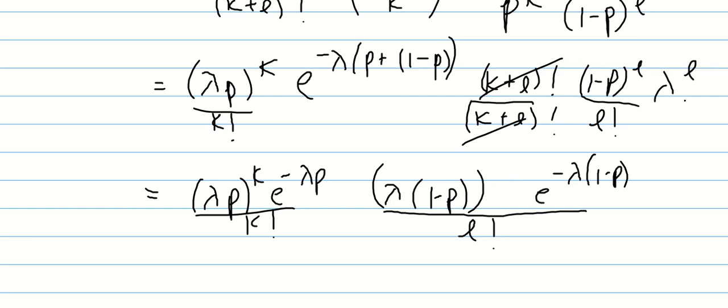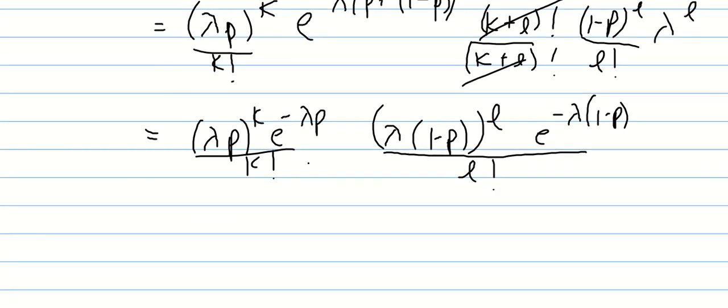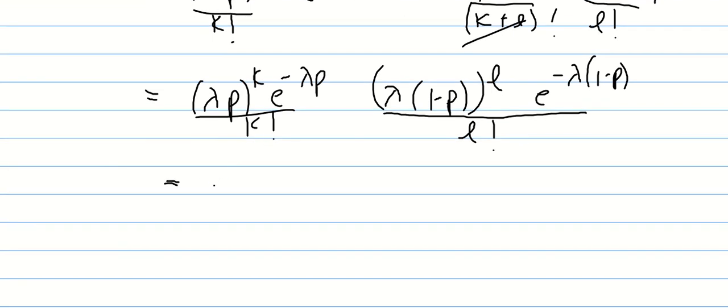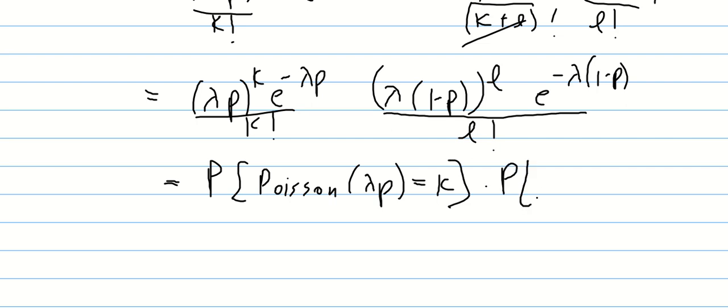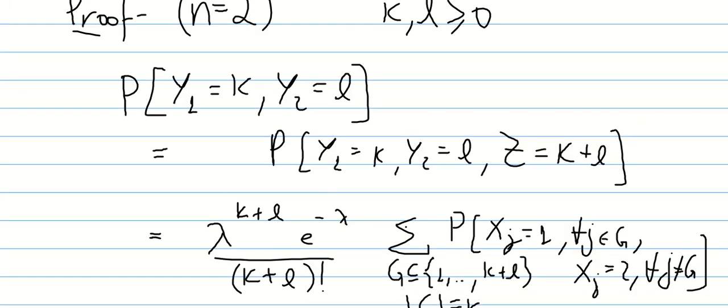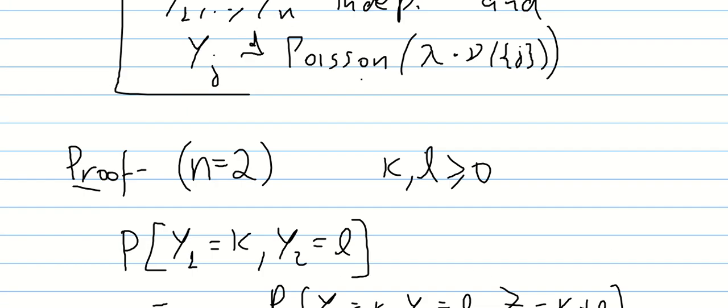Yeah, the lambda to the L here and the 1 minus p to the L. So in essence what we've got in the end is the product of the probability that a Poisson lambda p is equal to k times the probability that a Poisson lambda 1 minus p is equal to L. So indeed these two variables have the correct distribution, which is Poisson lambda times its probability, and they are independent.